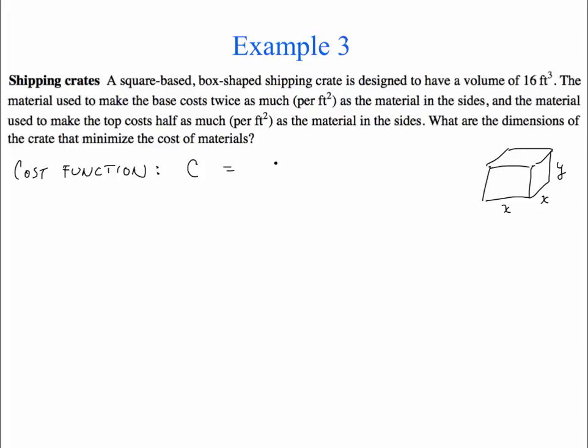So you're saying that the base has an area of x squared, but is that the cost? Okay, so all it tells us is the cost relative to the sides. So what is the cost of the sides, say, per square foot?